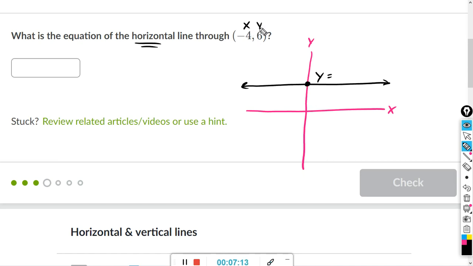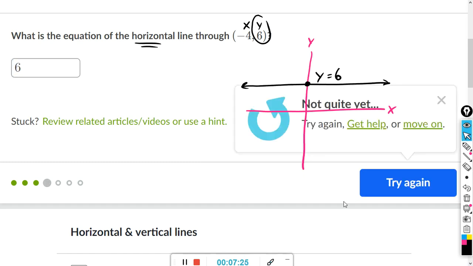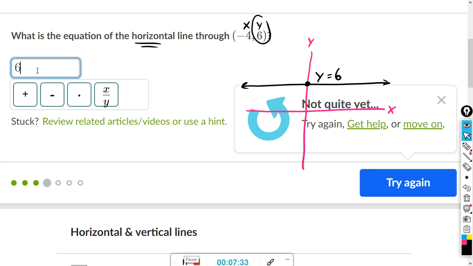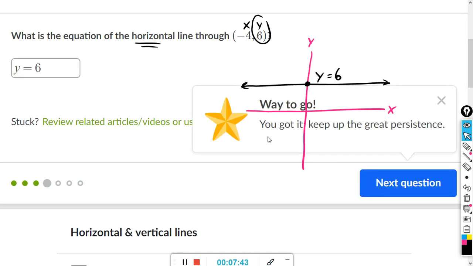This is the x and this is the y. So it has to be y equals 6. I got it wrong because I didn't type y equals. I only typed 6. So I'm sorry, you have to type y equals 6, not just the number. So just be careful. If you just put the number, they won't take it.